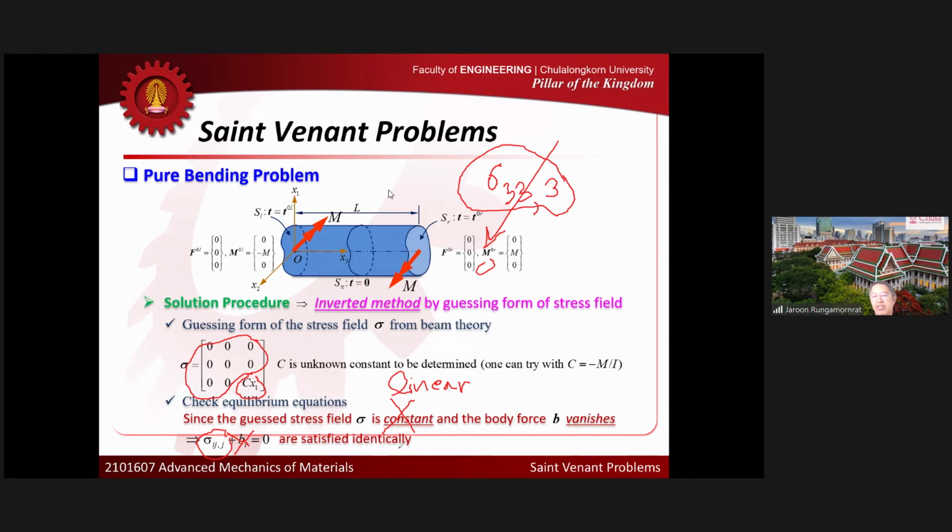Okay, is that clear to you? So now I can say that based on the gauge stress field, the equilibrium equation is satisfied. Okay, for the problem that we look at here, the body force field is 0. So this one is satisfied automatically. Okay, is that clear to you? So you just have to fix this part. Okay.